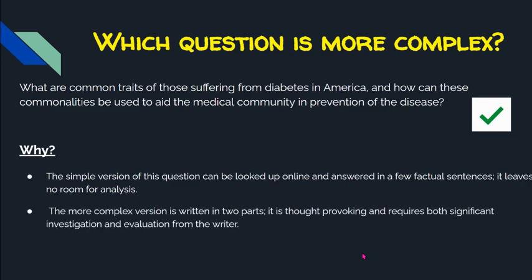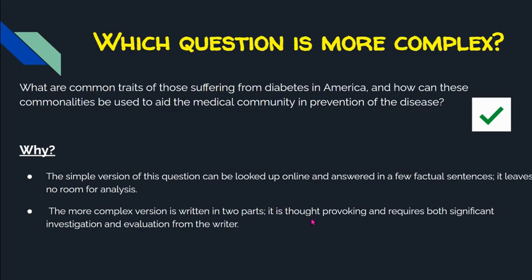The more complex version you see on the screen as well here, guys, you'll notice it's broken into two parts. So it says, what are the common traits of those suffering from diabetes, where in America, but also how can these commonalities be used to aid the medical community? So there's some thought-provoking sense to it, and it actually requires some significant investigation and evaluation.